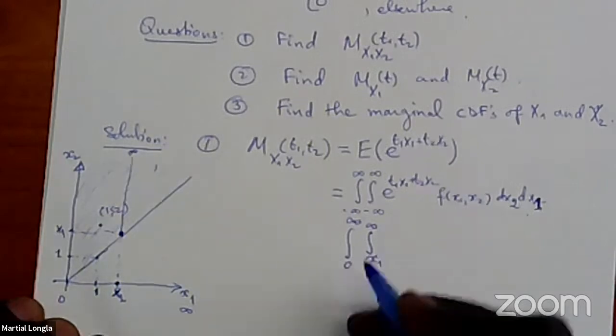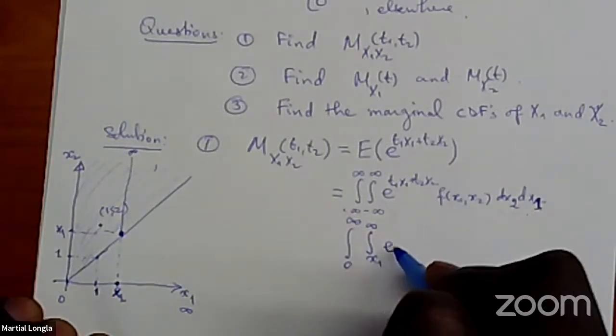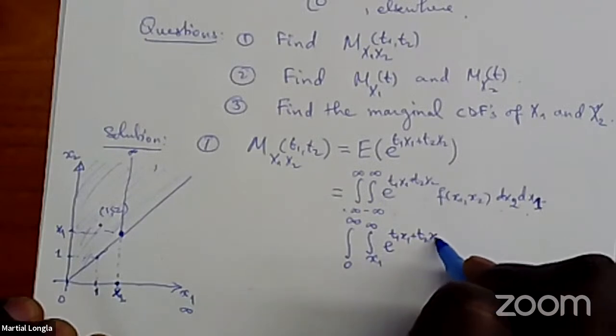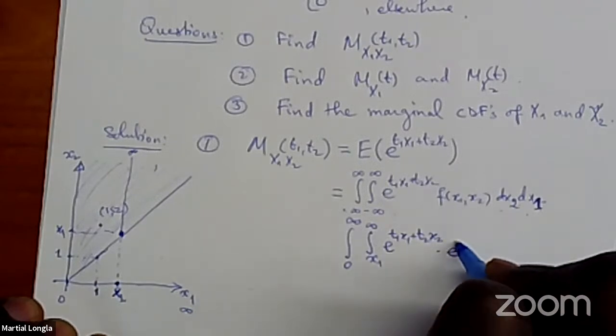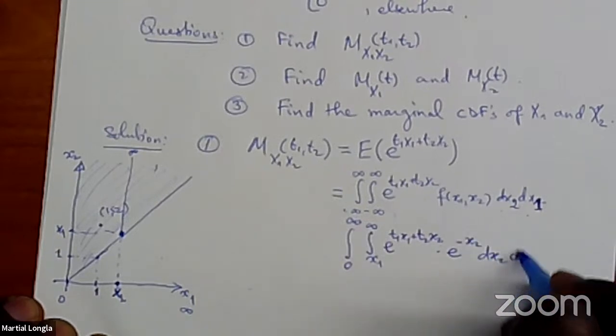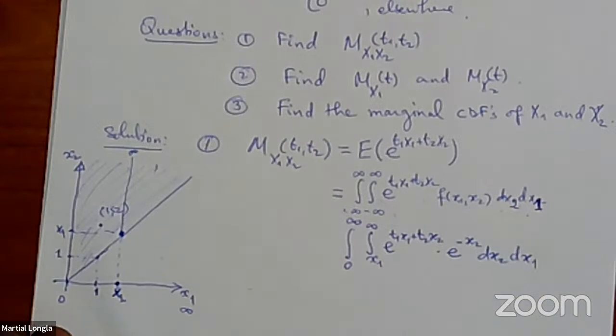And after doing that, now you can put e to the t1 x1 plus t2 x2 times e to the negative x2 dx2 dx1. Questions about this?